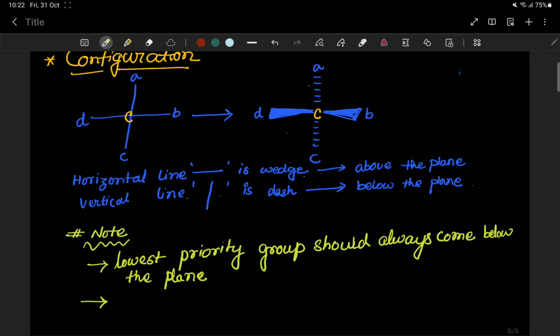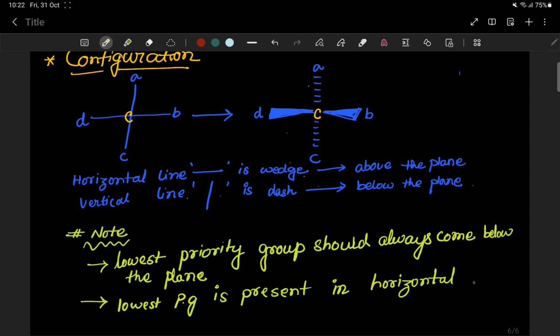But in case the lowest priority group, PG, is present in the horizontal position, then the configuration will reverse.